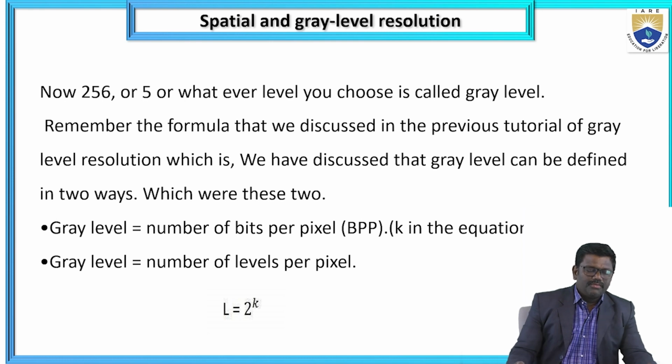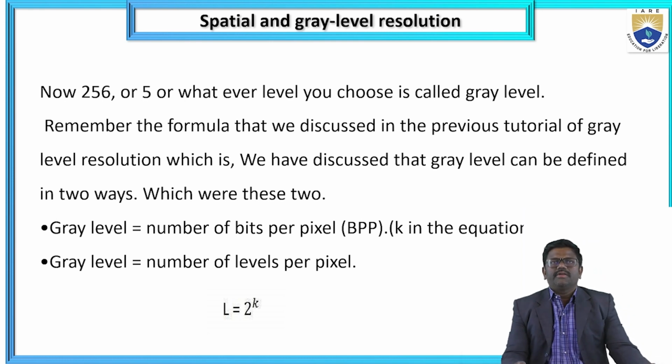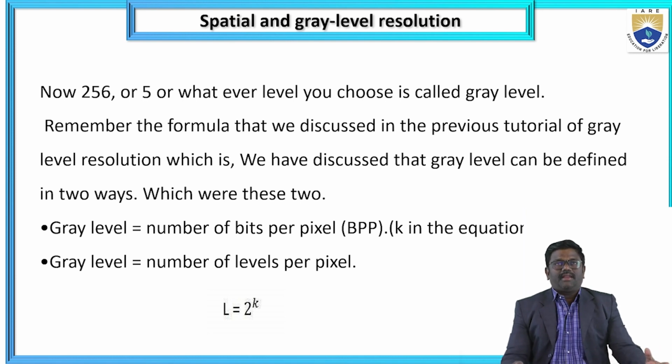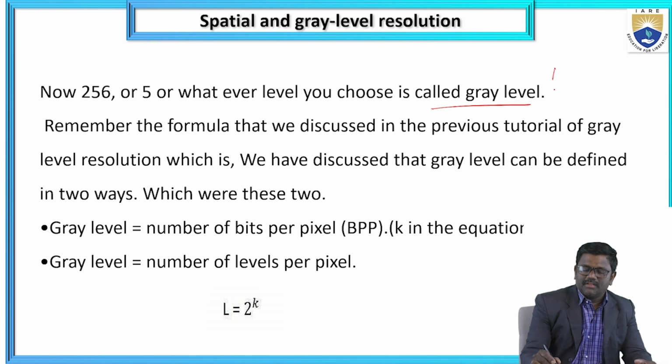Whatever level you choose, 256 or 5, it is called a gray level image, which is nothing but a black and white image.